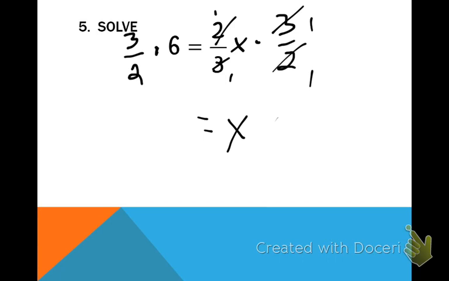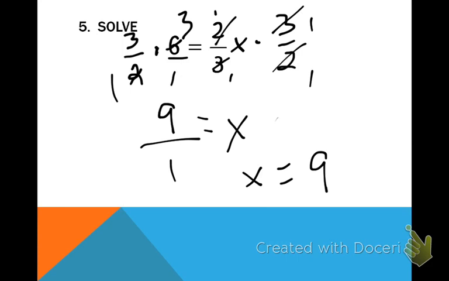Let's make this 6 a fraction, and then we can cross simplify. Divide 2 into 2 one time, divide 2 into 6 three times. For fractions, you multiply straight across. 3 times 3 in the numerator gets you 9, 1 times 1 in the denominator gets you 1. 9 divided by 1 is 9. So x should be 9. Good.